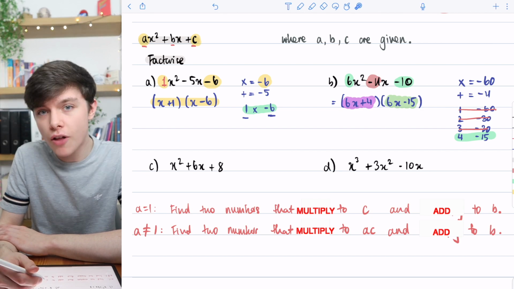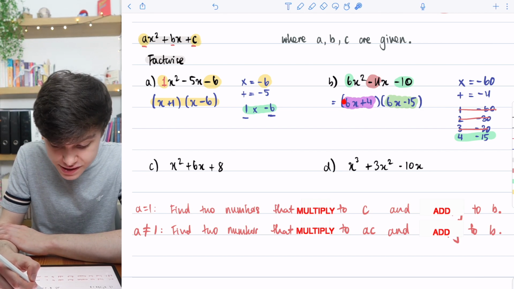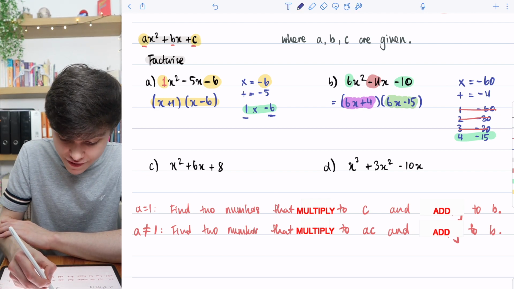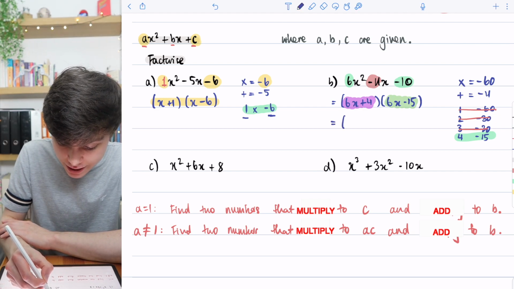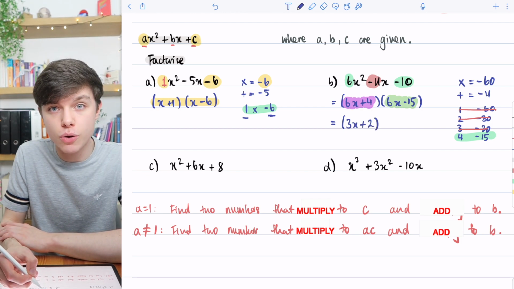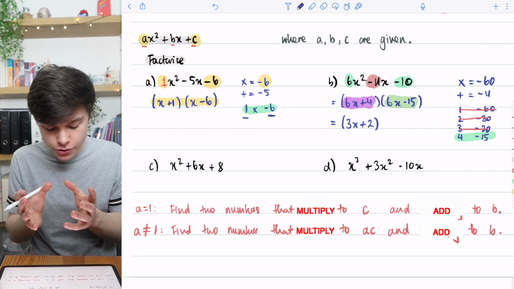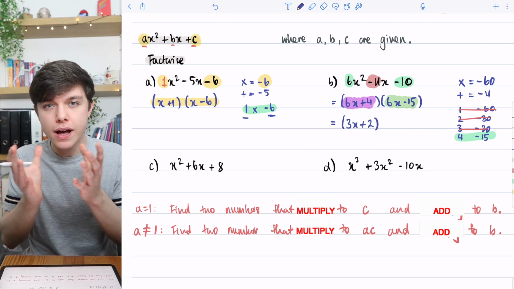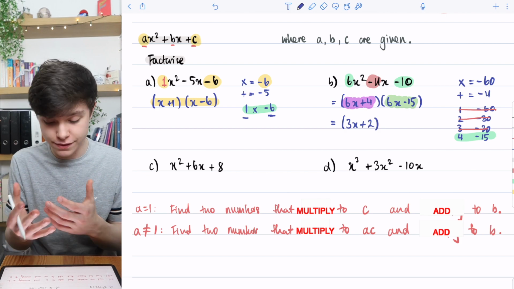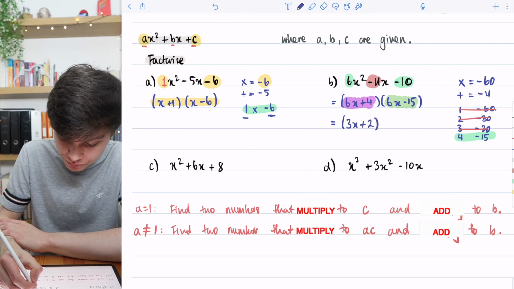The biggest number, or the highest common factor, of 6x and 4 is 2. So I'm going to divide both of those terms by 2 to give me 3x plus 2. I can't divide those terms by anything else. There's no common factor of 3x and plus 2. So that bracket is finished.